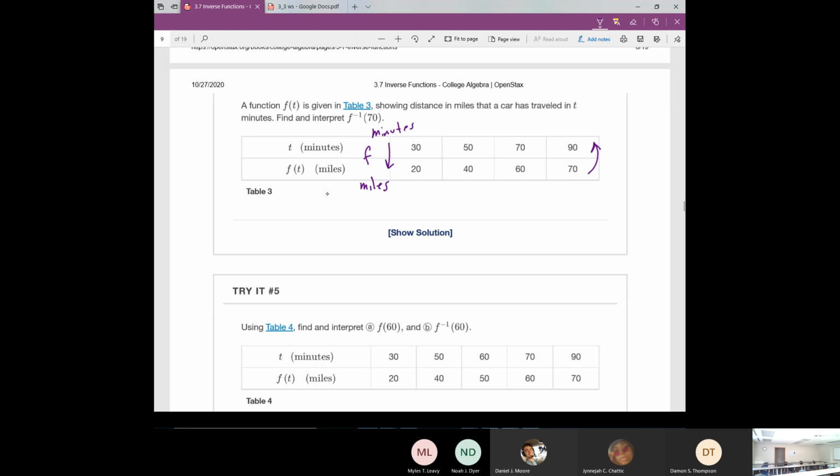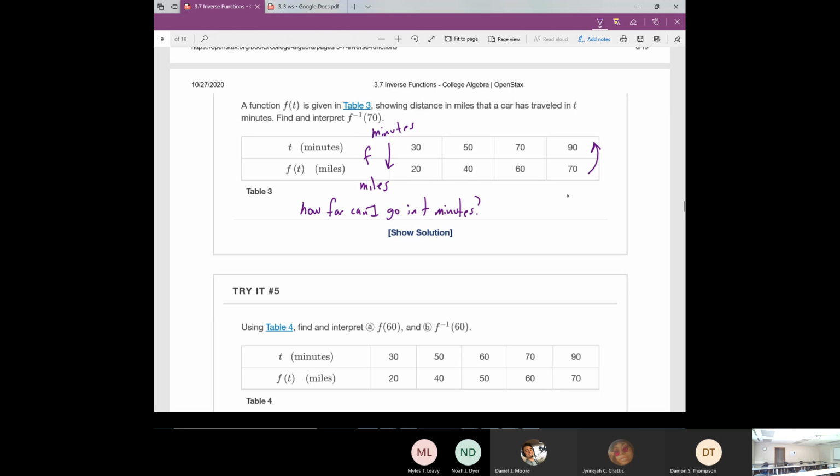So the inverse function is, well, let's first set our initial function: how far can I go in t minutes? That's the question the function is answering. Given so many minutes, how far can I go in that many minutes?